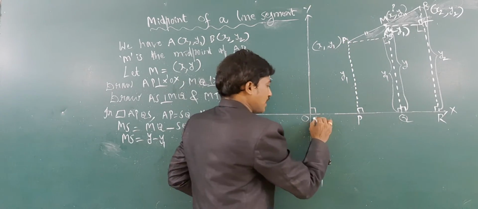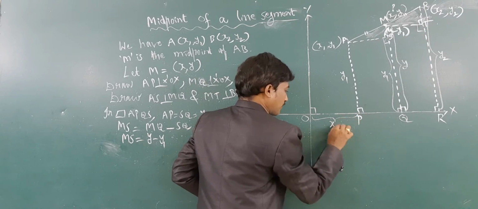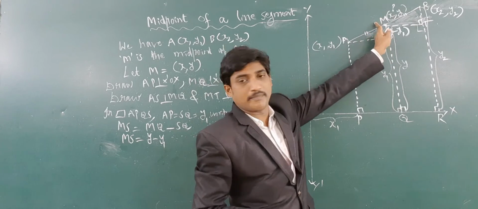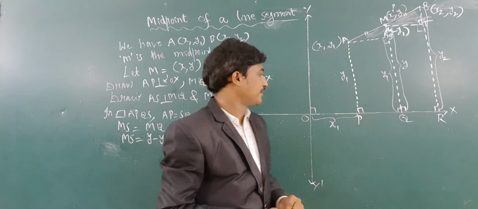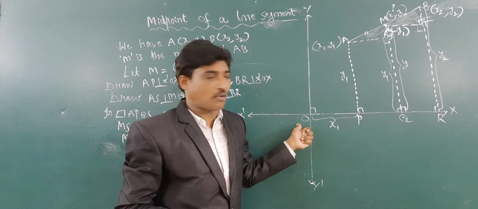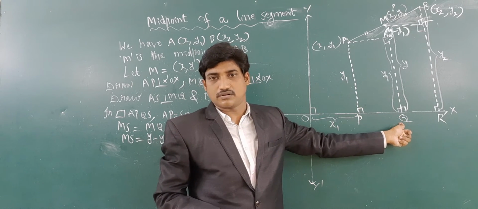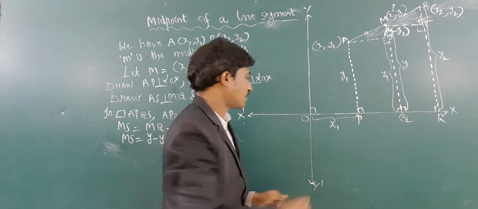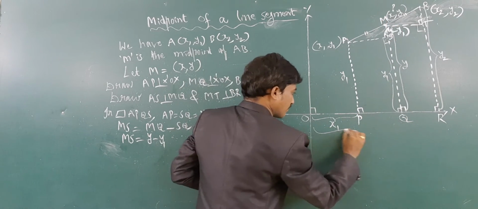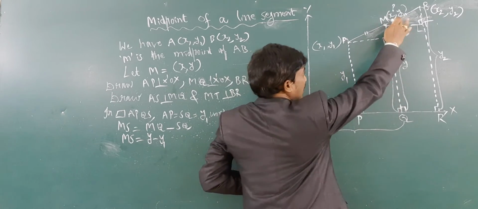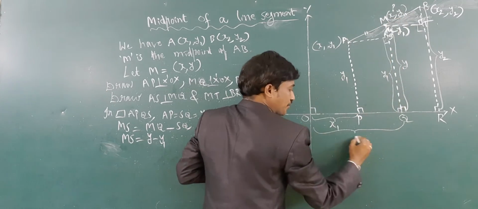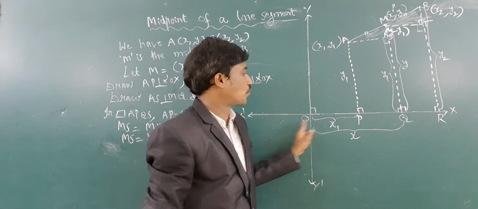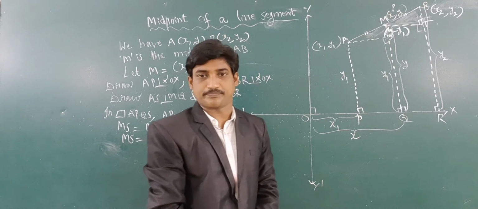So OP length is x1. What is OQ? Here point M is (x, y). That means move x units from origin to the point Q, then move vertically y units, so OQ is x units, OP is x1 units.